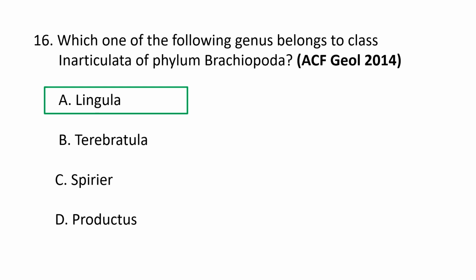The lingulates are small inarticulate brachiopods, their shells are unhinged, and they consist of chitin, a fingernail-like material. The modern genus Lingula is found in normal marine environments, but it is most common in muddy, brackish water that is poor in oxygen and generally unsuited to most organisms. So Lingula belongs to the class Inarticulata of phylum Brachiopoda. A is the correct option.